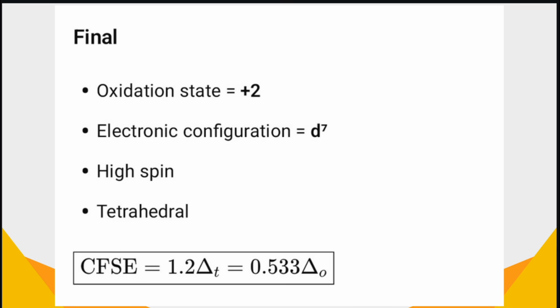Finally, the oxidation state is plus 2, the electronic configuration is d7, high spin tetrahedral, and CFSE is equal to 1.2 delta T, that is 0.533 delta naught.